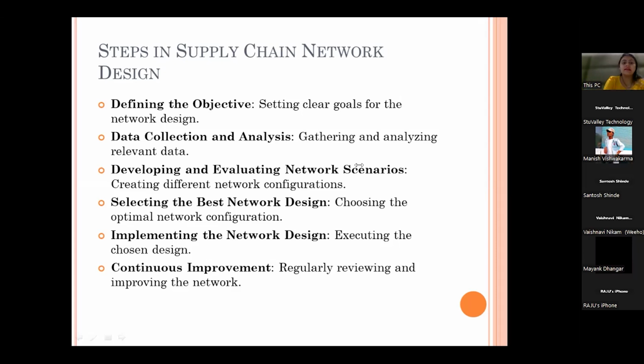Second, we are doing data collection and analysis: why we need it, and where the location is. These are the data we are collecting to find out how to open a smart mobile manufacturing company. There is also one way to start a business: we can copy different already existing companies in mobile manufacturing.